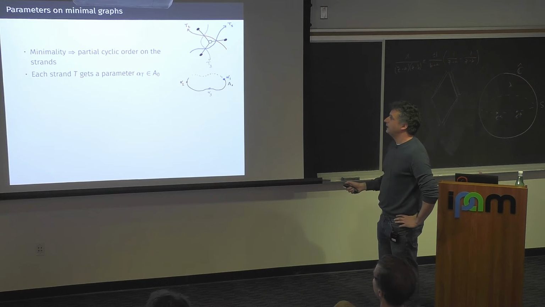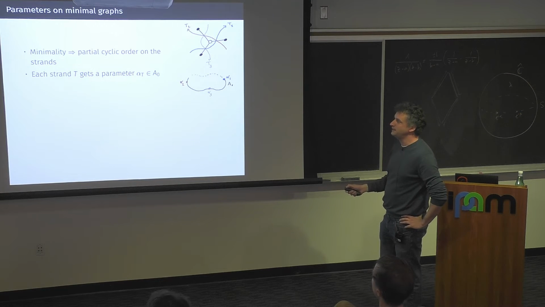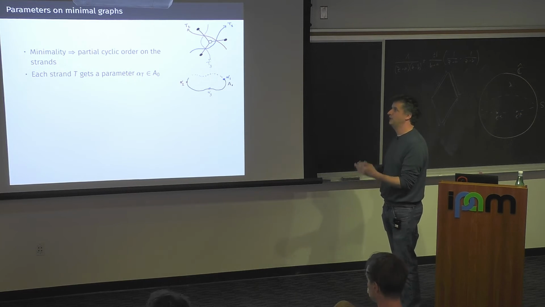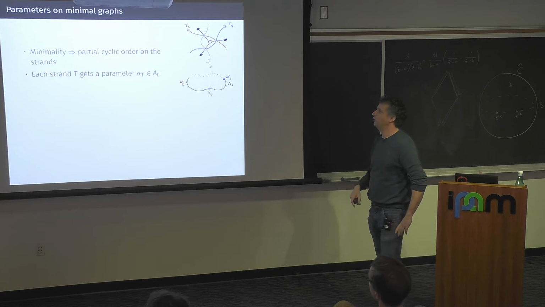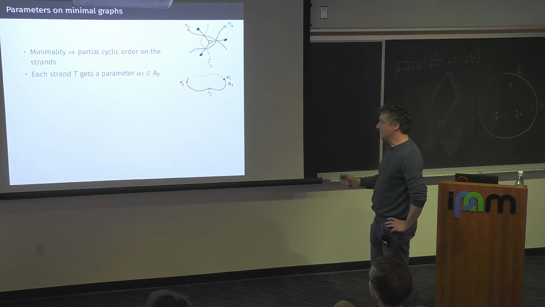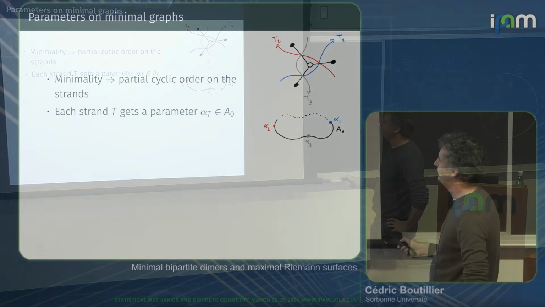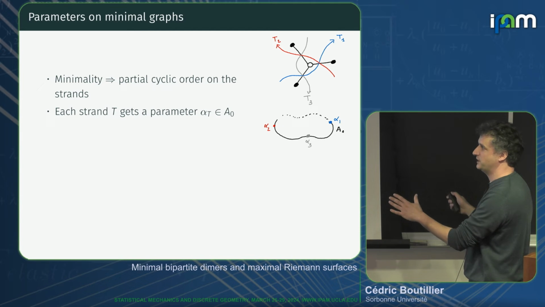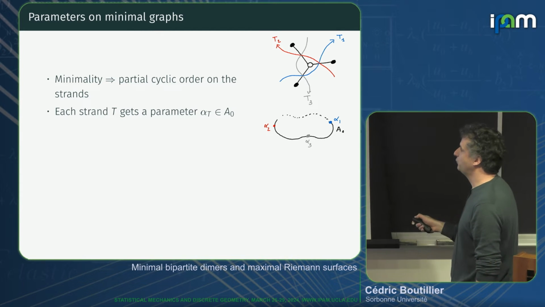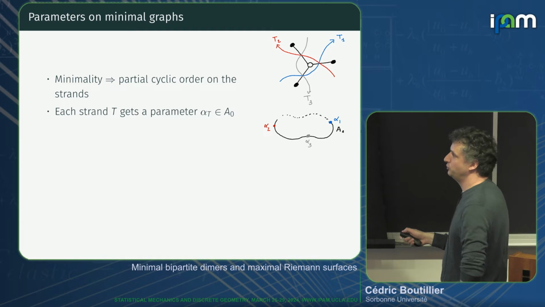Okay. So what happens is that the minimality condition on the graphs tells you that there is a well-defined partial cyclic order on the strands. And what we will do is use the cycle A0 I haven't touched yet to put parameters on the train tracks.